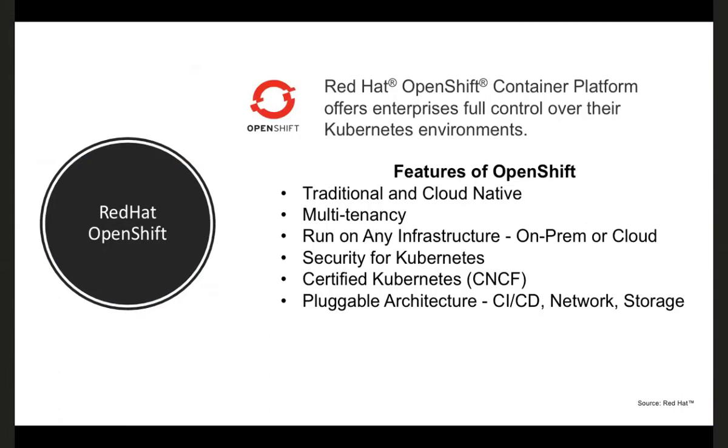Right? OpenShift is a great platform. It is cloud native. It supports Kubernetes natively. It's multi-tenant. You can run this on multiple infrastructures, AWS, GCP, on-prem. That's one of the things that enterprises love about OpenShift.